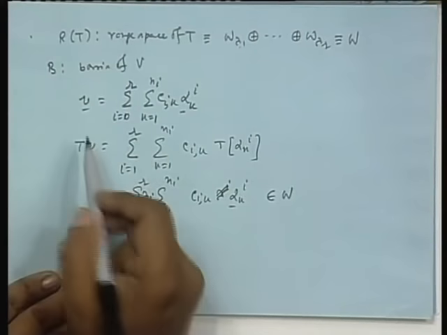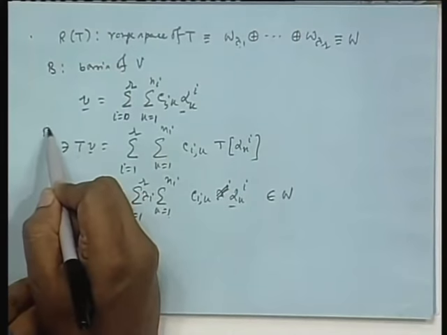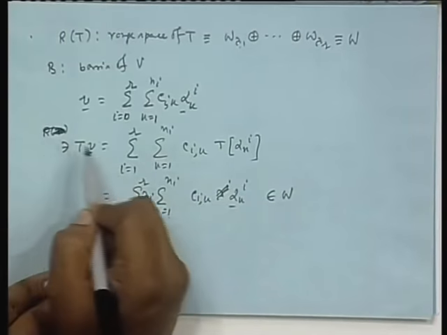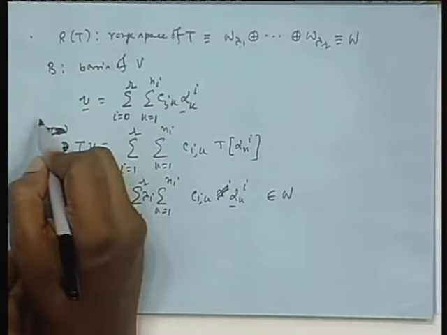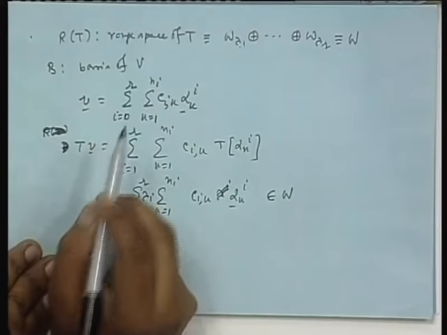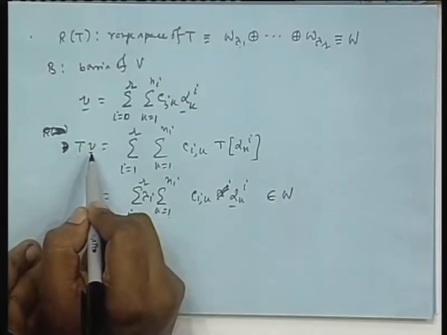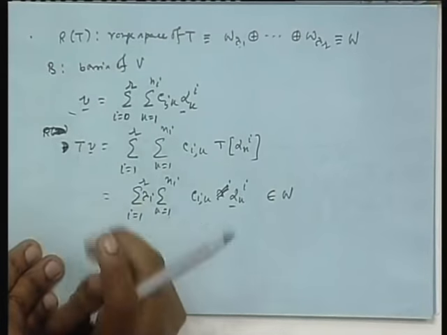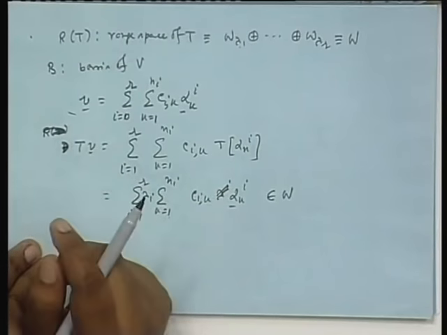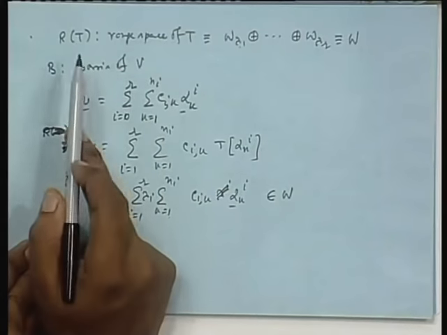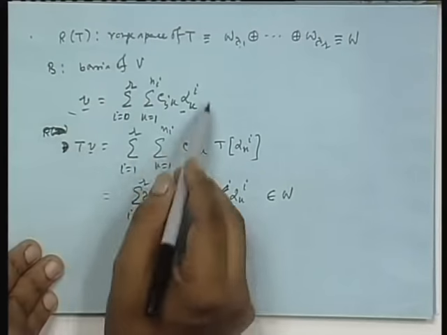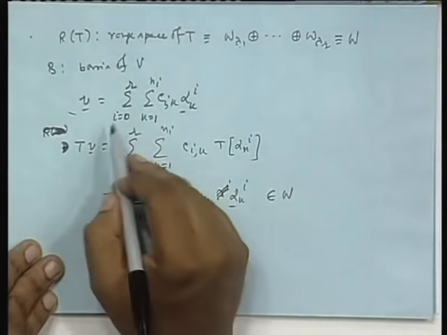T v belongs to R T, for any vector belonging to the range space, we can write it as some T v for some v belonging to V, because the range space only consists of the action of T on the elements of V. So any vector you pick from the range space R T of T can be written as T v, where v is some vector of V, but that vector I write as a linear combination of the basis vectors starting at I equal to 0 up to r.